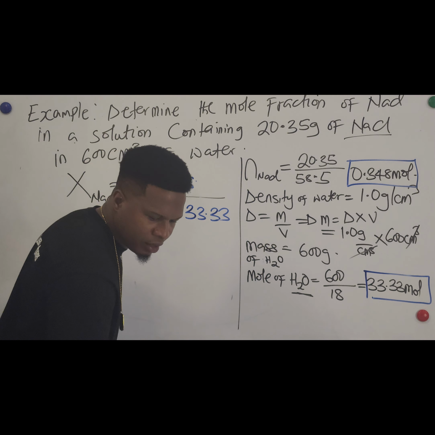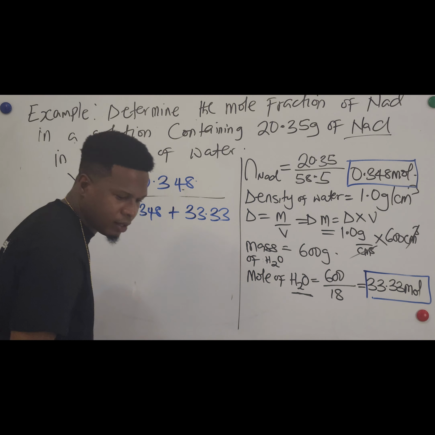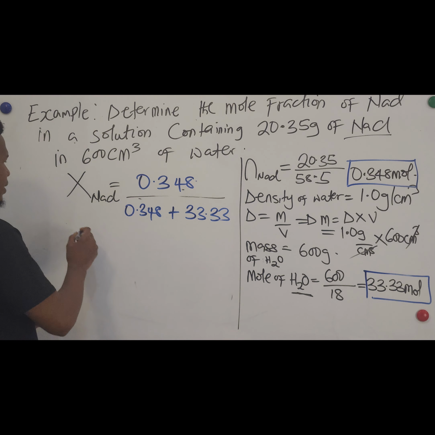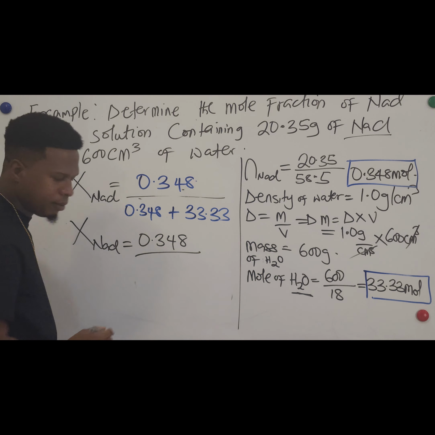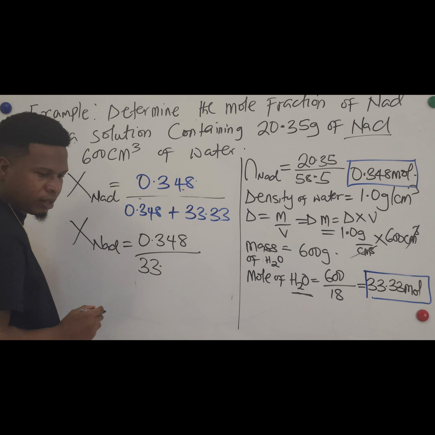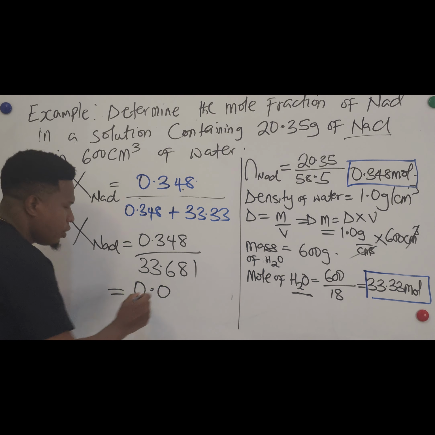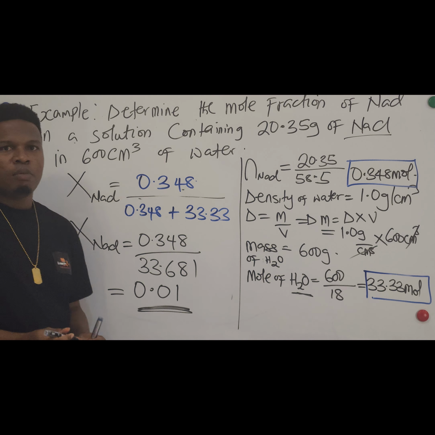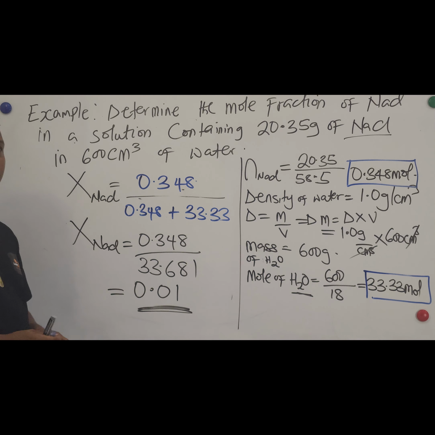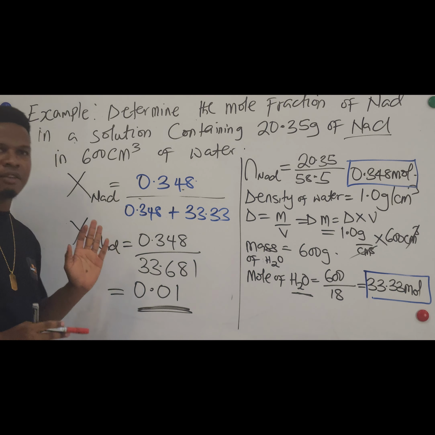So the mole fraction of sodium chloride will be equal to 0.348 divided by 33.681. So the mole fraction becomes 0.01. That's the mole fraction. Take note, mole fraction does not have any unit. So once you divide this, whatever you have here is the final answer.